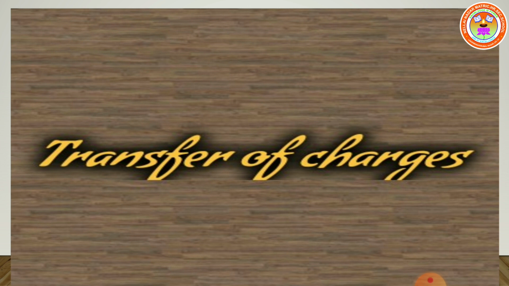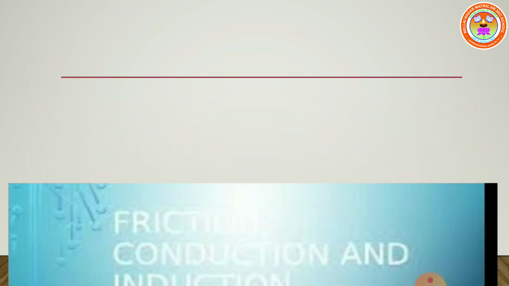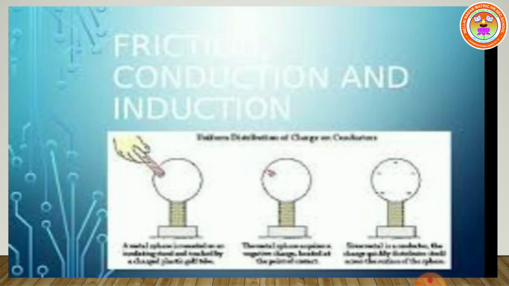So, next we are going to see about the transfer of charges. As we saw earlier, electrons, which carry negative electric charge, in the outermost orbit of an atom can be easily removed. They can be transferred from one substance to another.